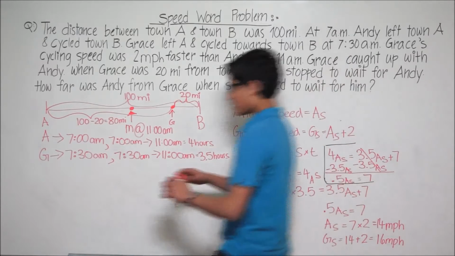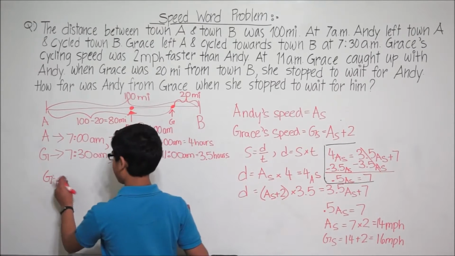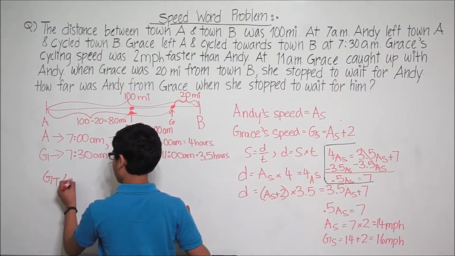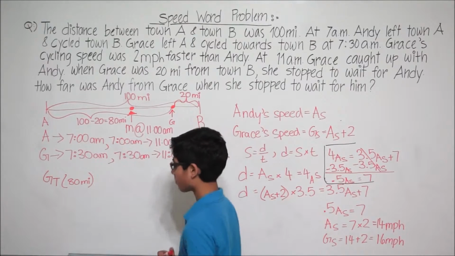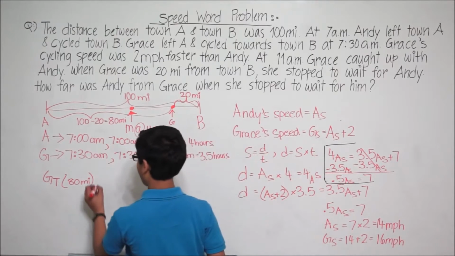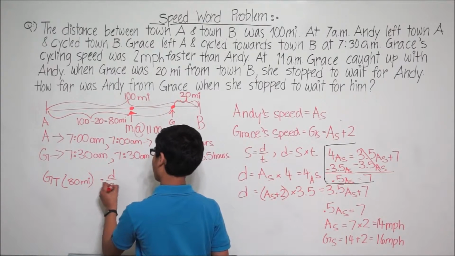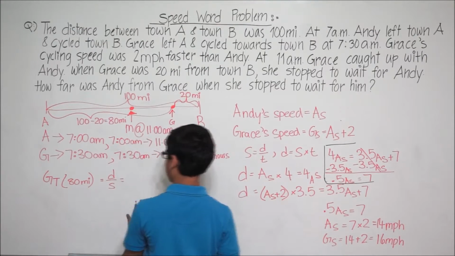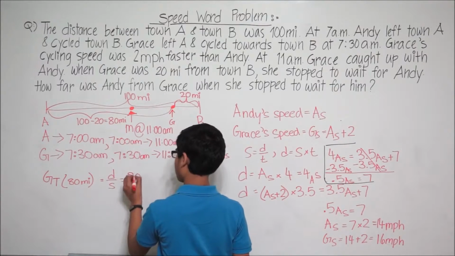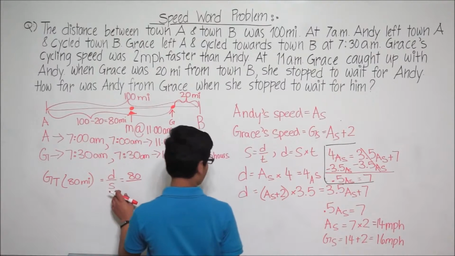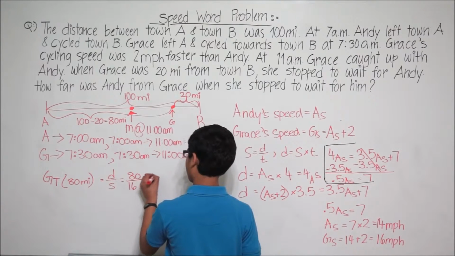So, let's find Grace's time to travel this 80 miles. Grace's time to travel the 80 miles is equal to the distance over the speed. And we know that the distance is equal to 80 miles divided by the speed, which is 16 miles per hour, is equal to 5 hours.